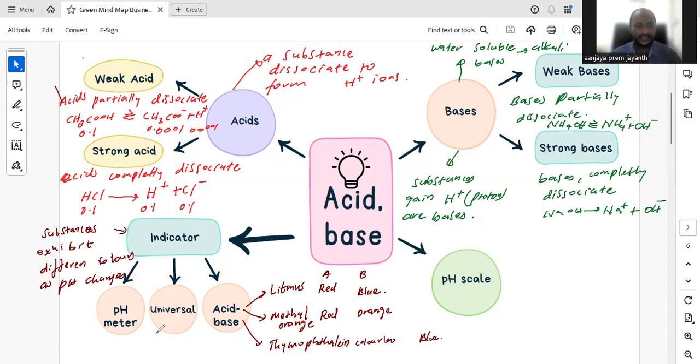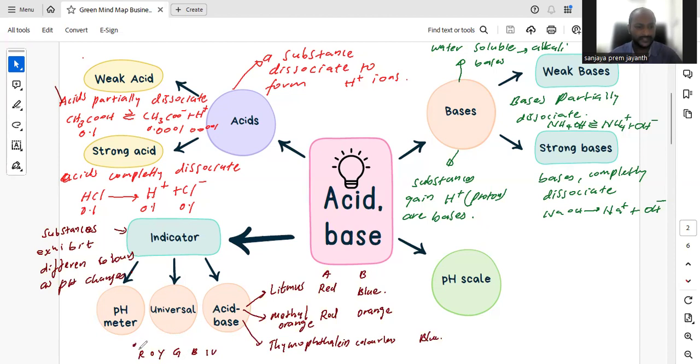Universal indicator has a range of colors, rainbow colors: red, orange, yellow, green, blue, indigo, violet.